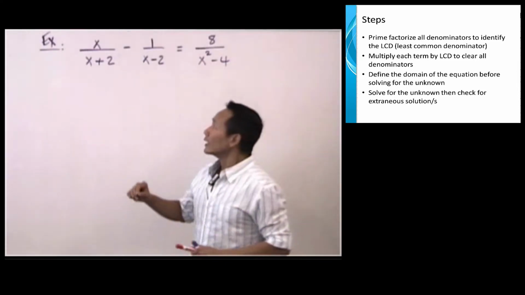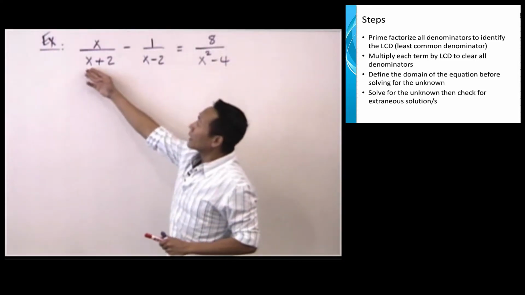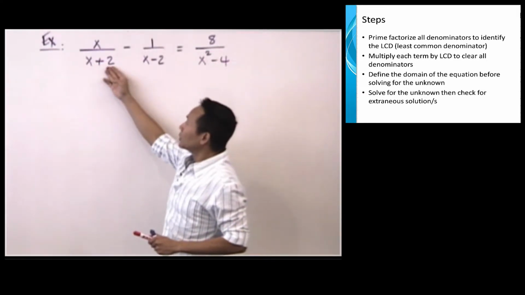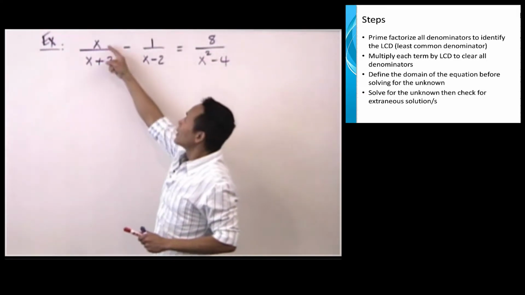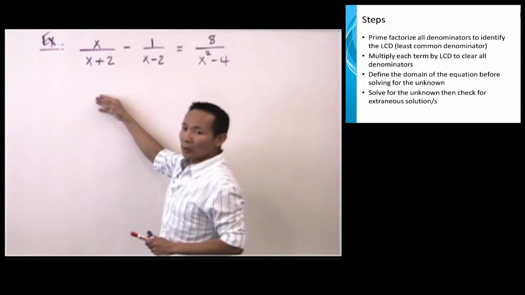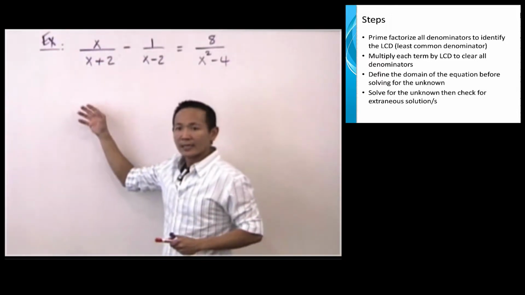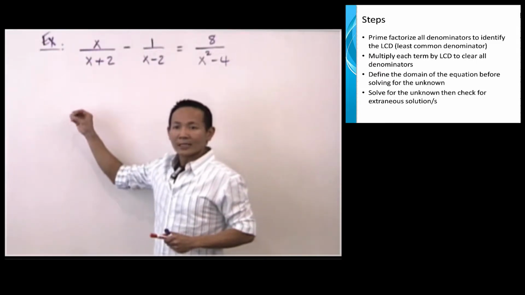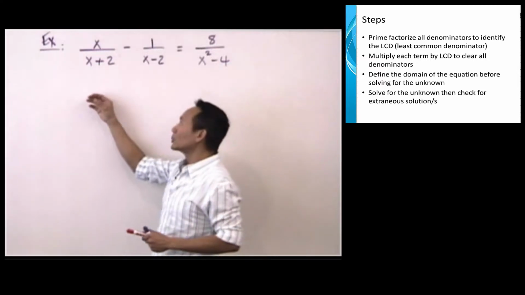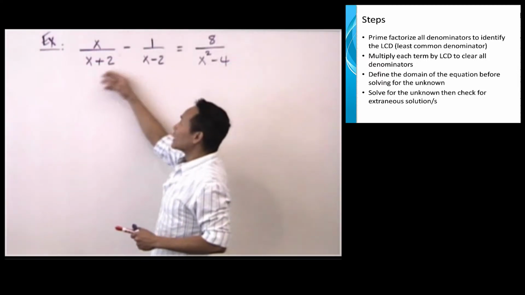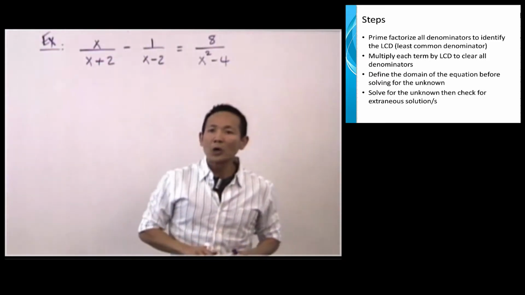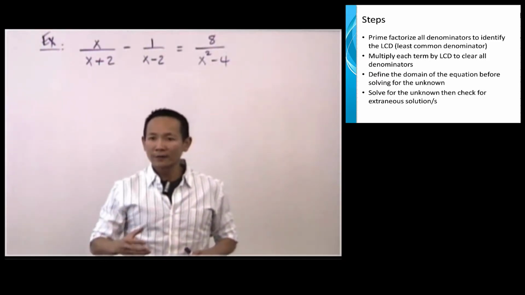Imagine if we replace x by -2 in here. -2 plus 2 is 0, and the numerator is 2 over 0. That is undefined. So if one of the solutions of the equation happened to be -2, the entire thing would be undefined. So before solving for the unknown, we have to define the domain of the equation.